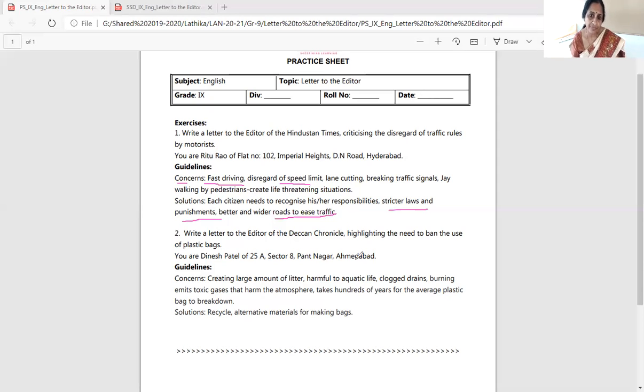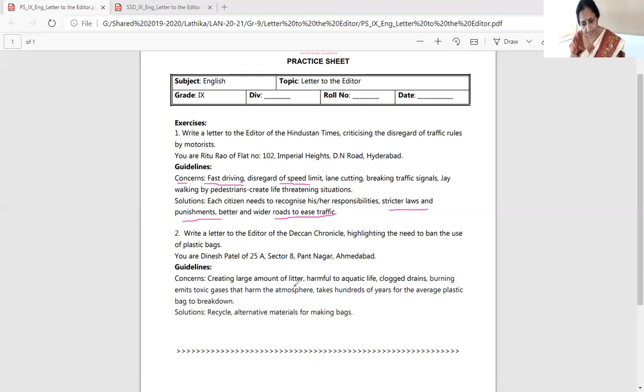Come up with some creative ideas and suggestions that you also think can be worked out to ban and make this drive a possibility to ban the use of plastic bags. And they have also given you some points.